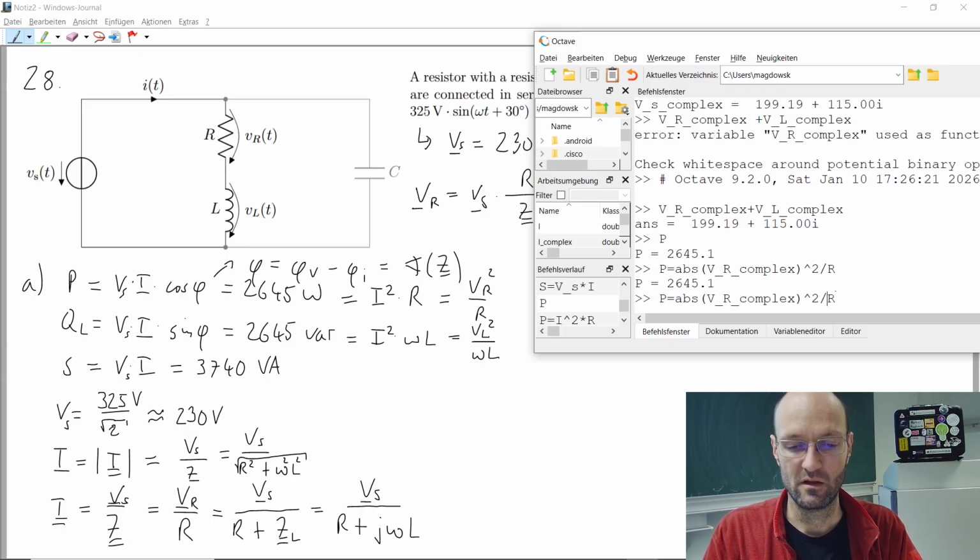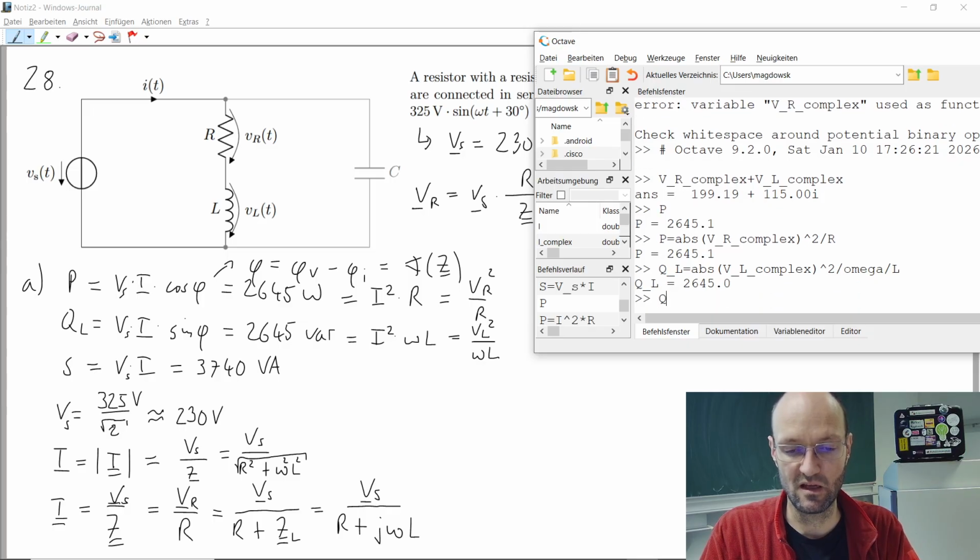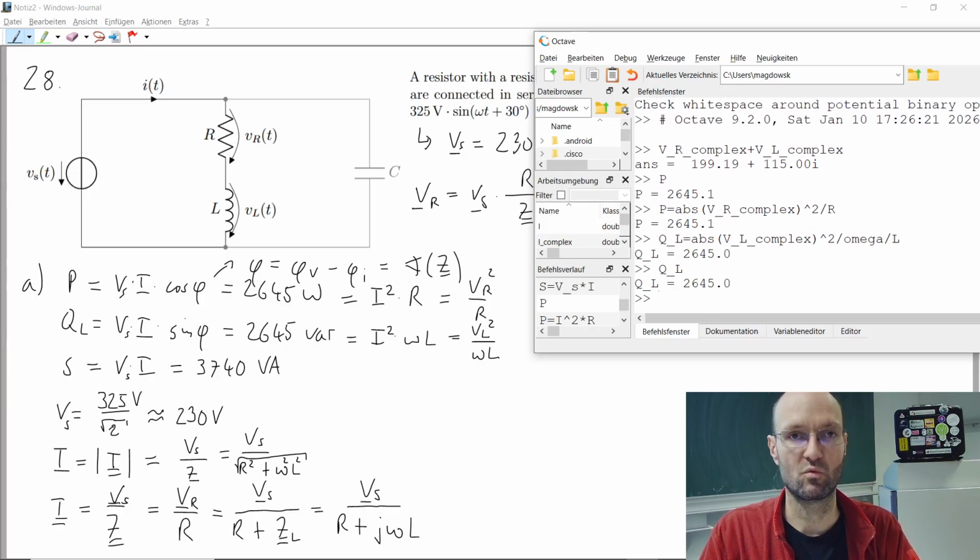And so if I do this for the QL, now I need to take the VL voltage and divide by omega and divide by L. And I should get the same quantity for the QL, and it works. So there are many ways to calculate this.